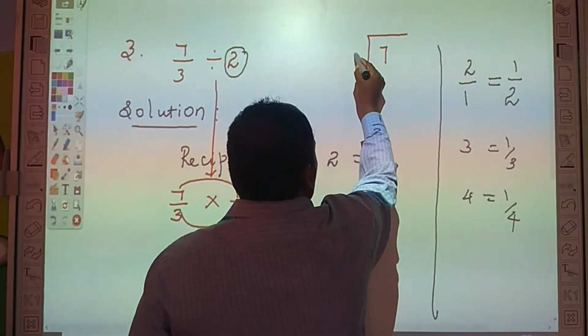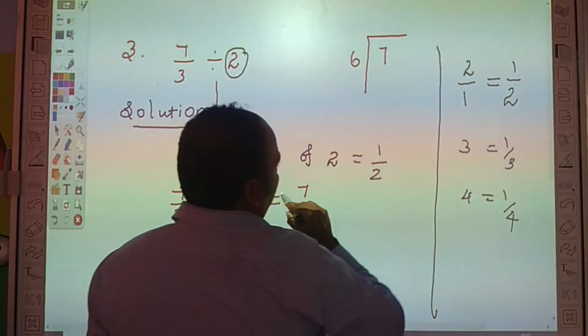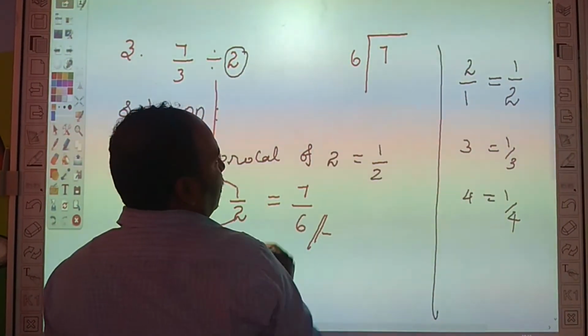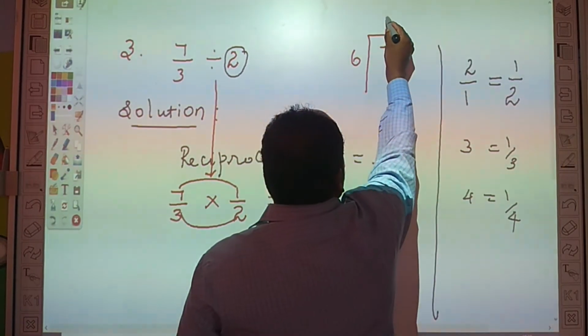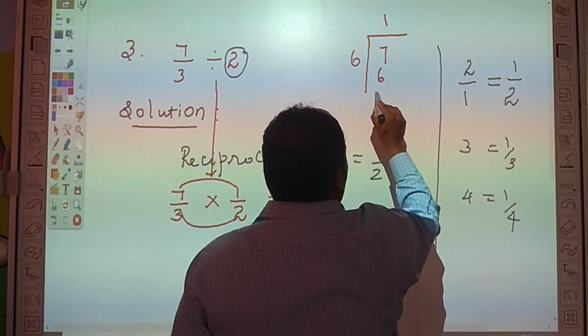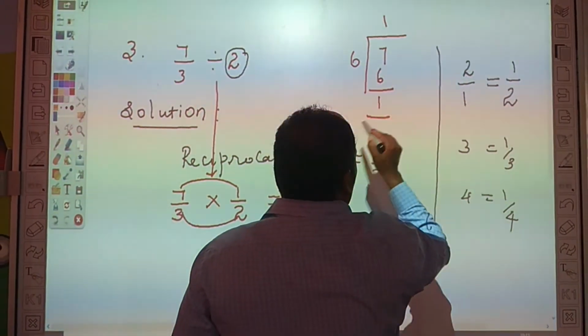7 divided by 6. We reduce to the lowest form. 1 into 6 is equal to 6. One time only having.